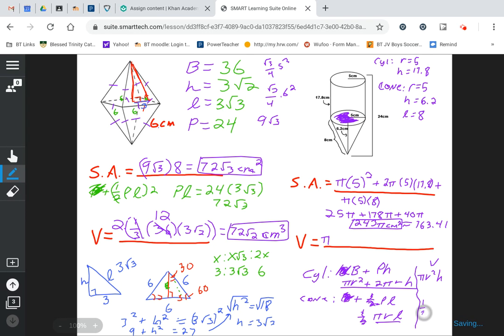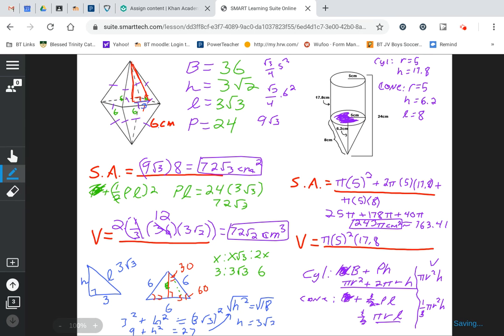1/3 pi r squared h. So pi times 5 squared times h, which is 17.8. There's my volume of my cylinder.